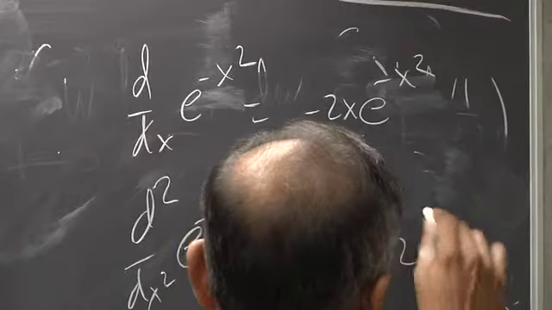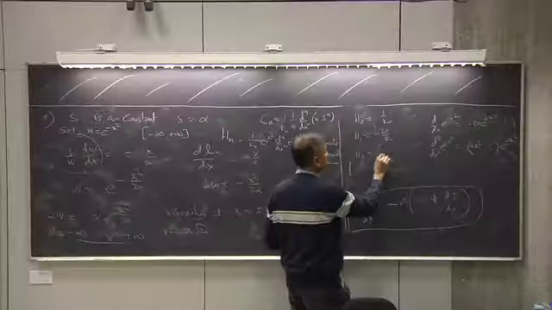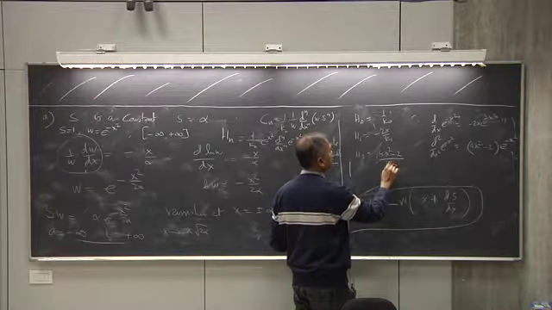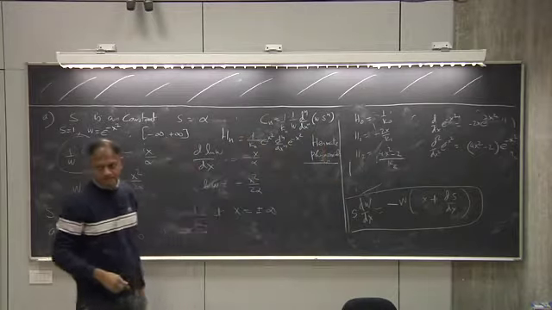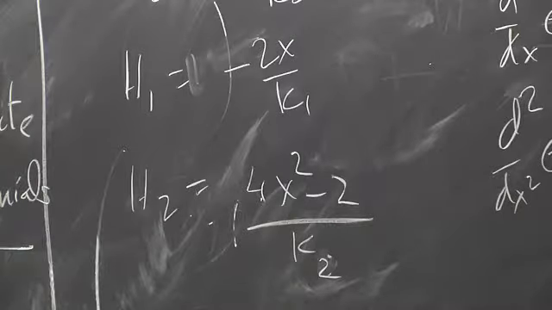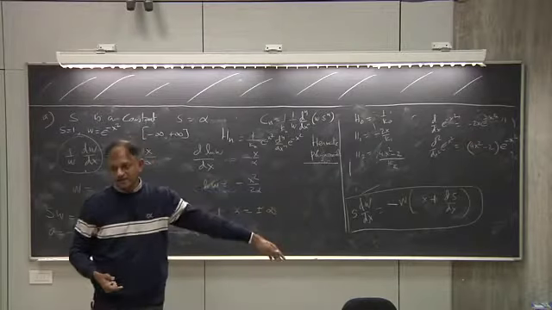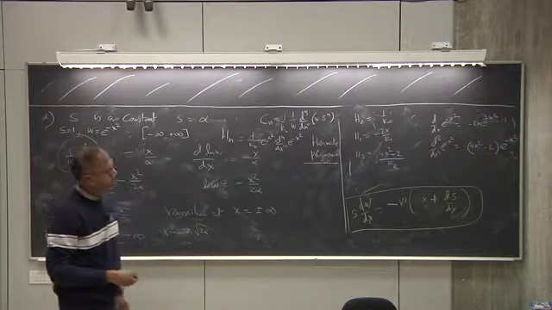So 4x squared minus 2 times e to the minus x squared. So h2 is simply 4x squared minus 2 divided by k2, and so on. And you keep going like that. So these are the Hermite polynomials, up to an overall constant. In the quantum mechanics application, you try to normalize them, right? So that kn is then determined by the normalization condition. But at this stage, we don't worry about that.